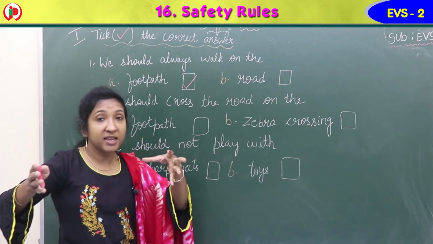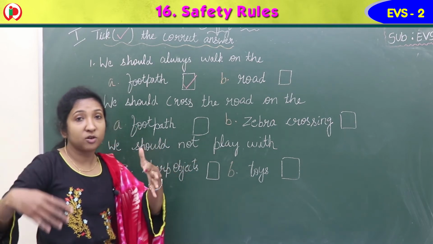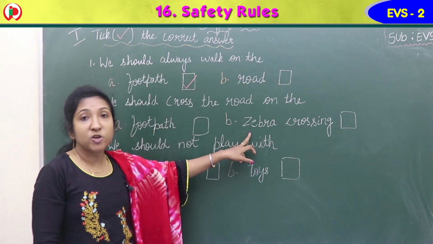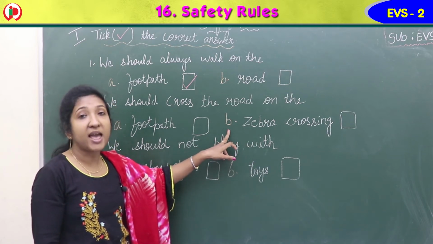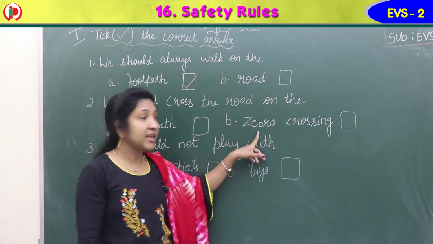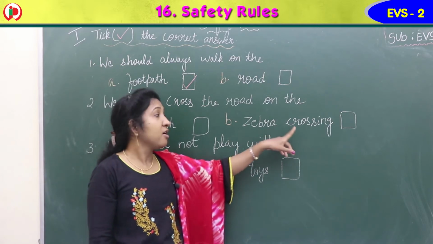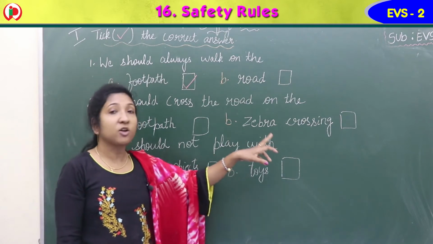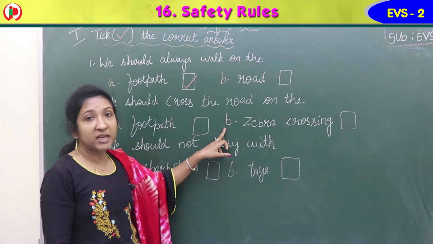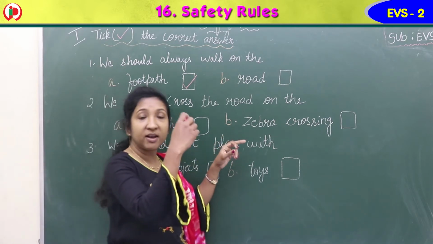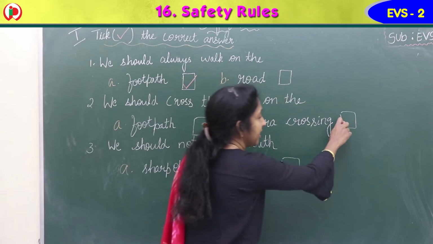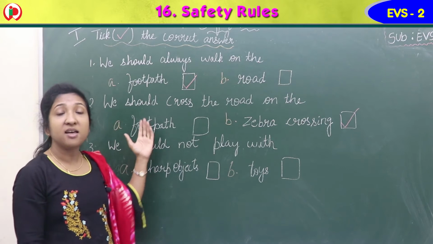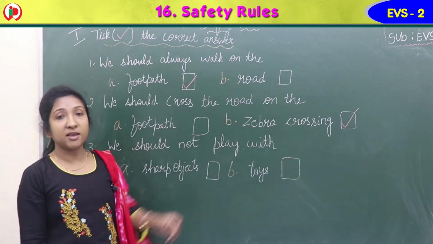So we should cross the road on the zebra crossing. Option B is the correct answer. Zebra, Z-E-B-R-A, crossing, C-R-O-S-S-I-N-G, zebra crossing. So we have to give a tick mark in the square box here. We should cross the road on the zebra crossing.